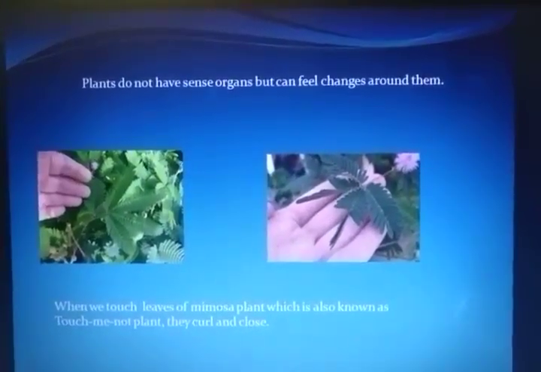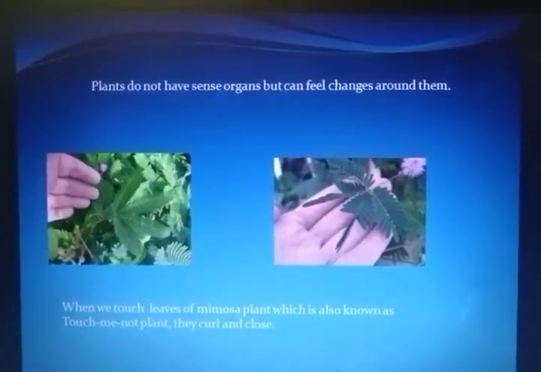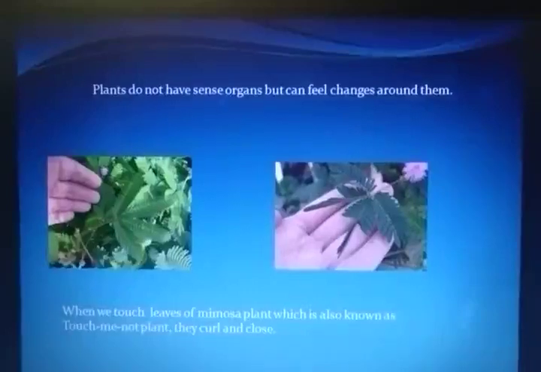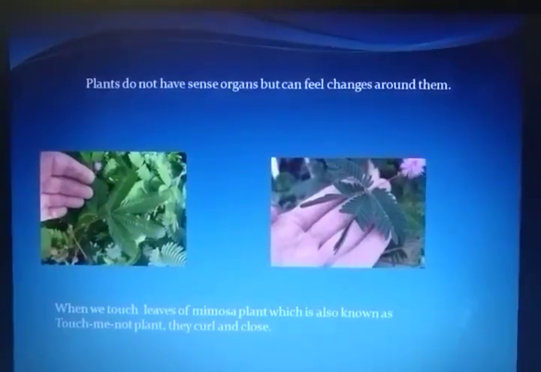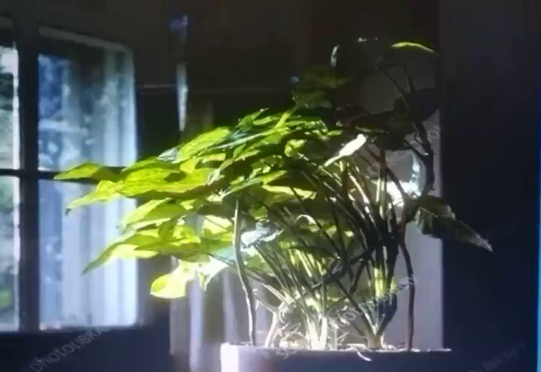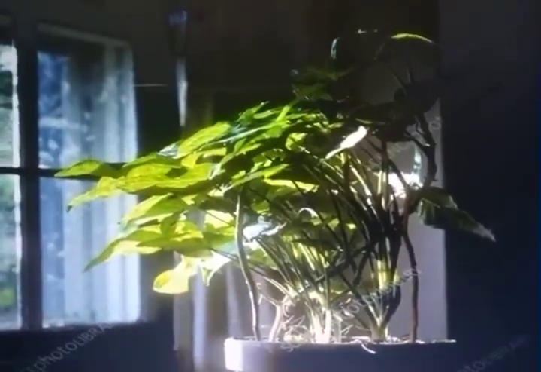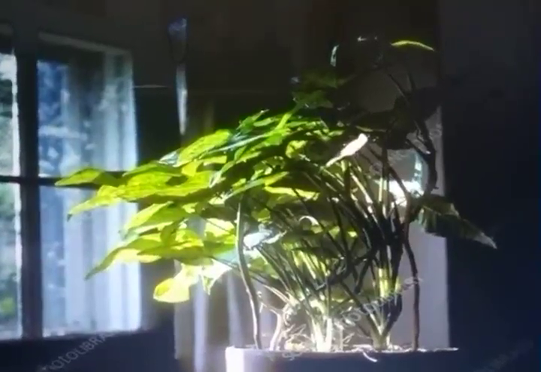For example, the mimosa plant or touch-me-not plant. Their leaves curl and close when we touch them. A potted plant always grows towards the sunlight. These are the changes that occur in plants according to their surroundings.